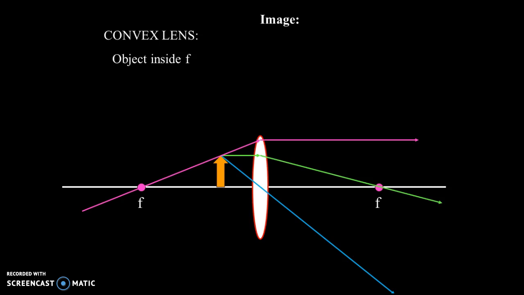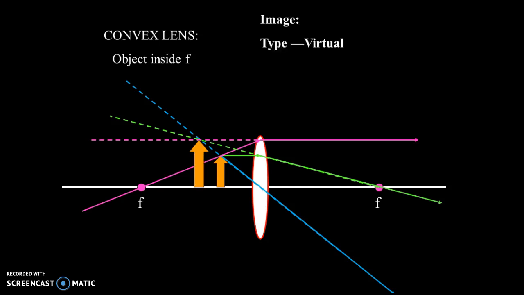Keep in mind, we want to then take these rays and go back from the line that we drew into our virtual side, or on the same side as the object. And if we extend all three of those, again, the point where they intersect is where we get our image.